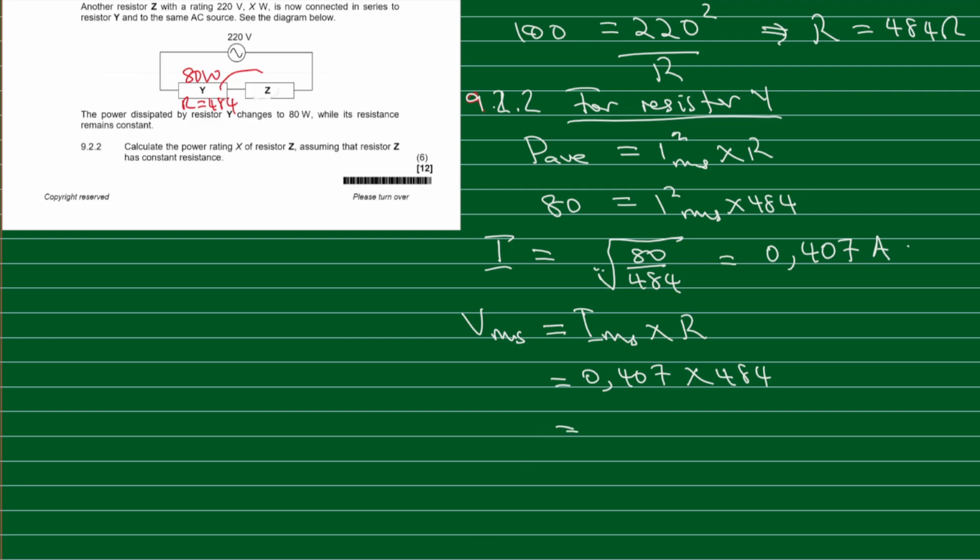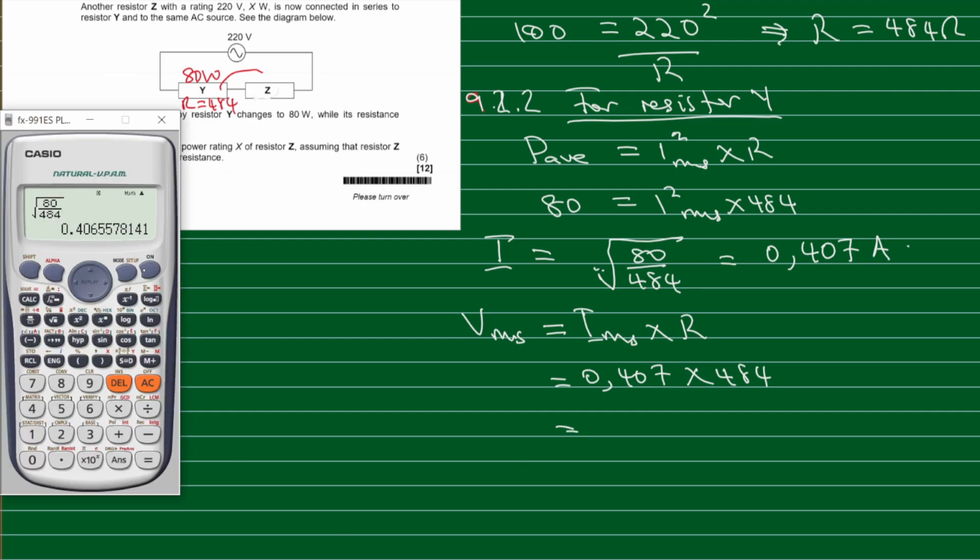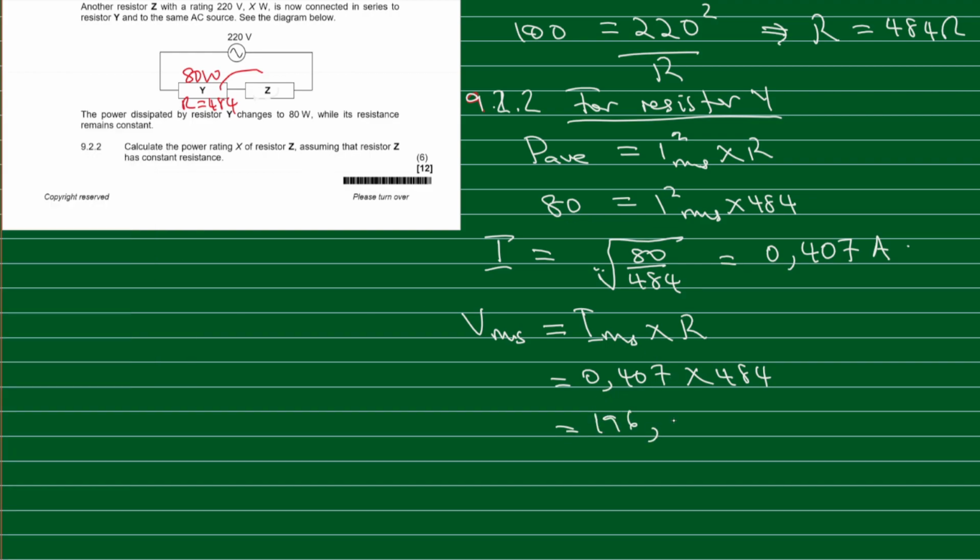How much does that give us? I'm getting 196.988. Now, why are we calculating this one?